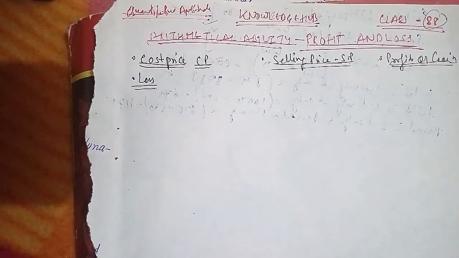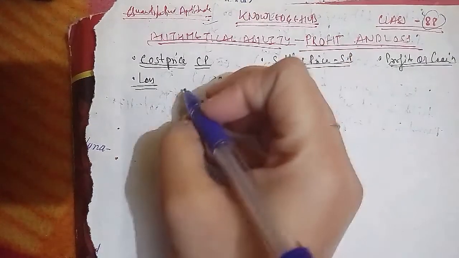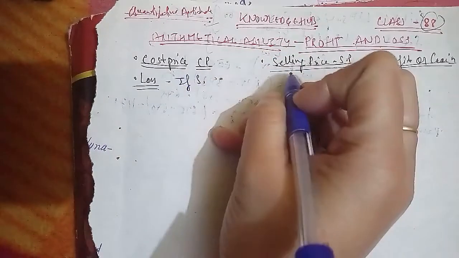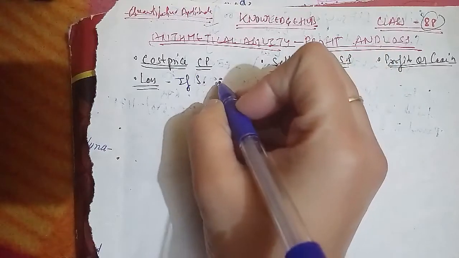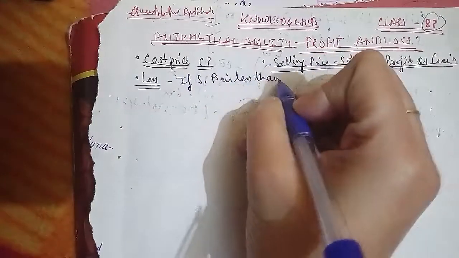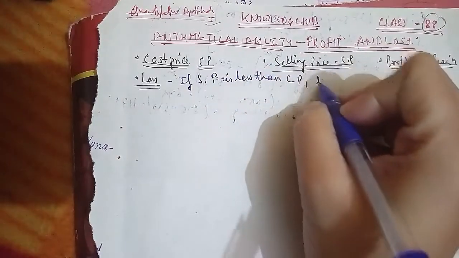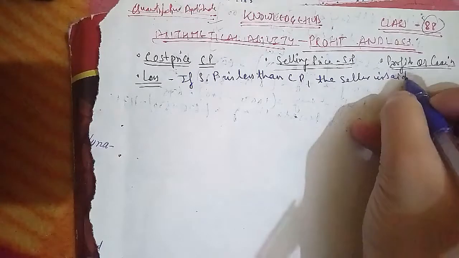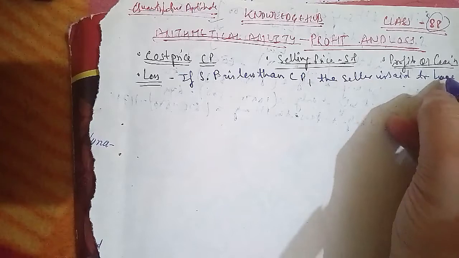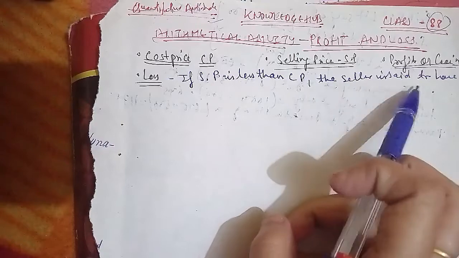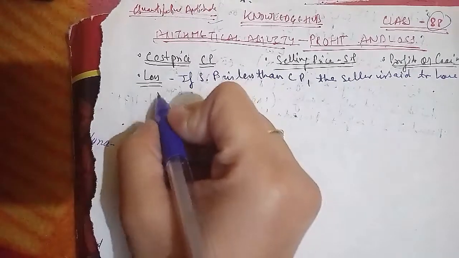I will write out the definitions for all, so if you are new to this, you can get to know it and write it down. If the selling price is less than the cost price, which is CP, the seller is said to have incurred a loss.